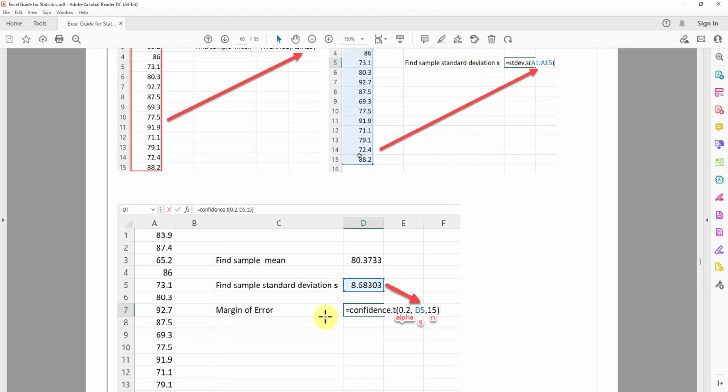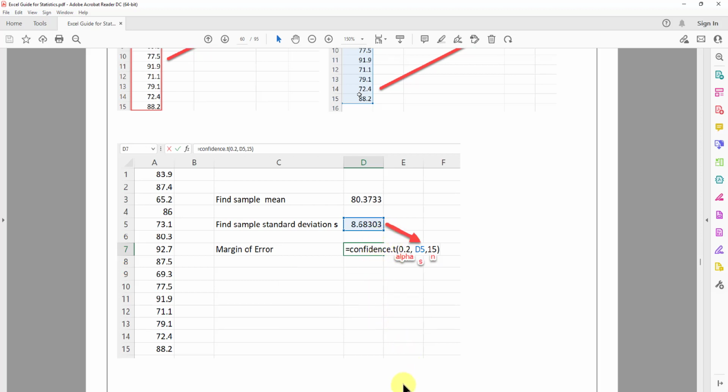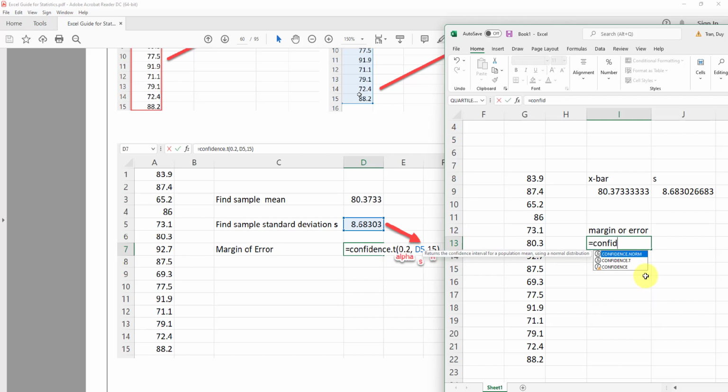And then to find the margin of error, you use the confidence.t. This is the t distribution, not the z. So this is the margin of error. You can expand the column. All right, so for margin of error, I put equal confidence.t.